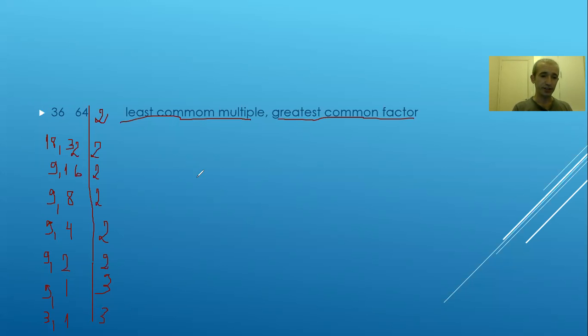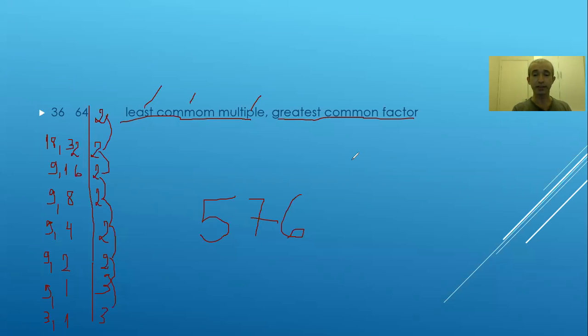We finished here, and we can multiply the factors. 2 times 2, we get 4, times 2, we get 8, times 2, we get 16, times 2, we get 32, times 2, 64, times 3, in the end we get 576. We found here the least common multiple.